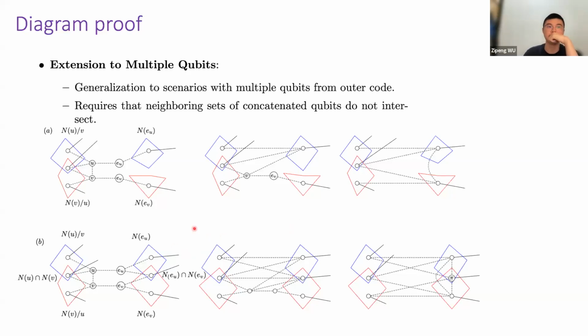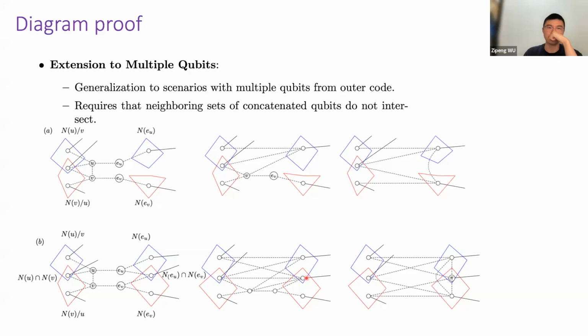That's when the neighbors of EU and EV are not disjoint. As you can see over here, we first perform the pivoting rule between U and EV. This will result in a complementation between MU and MEV, U and MEU. And now since MEU and MEV are not disjoint, V will connect to their intersection.